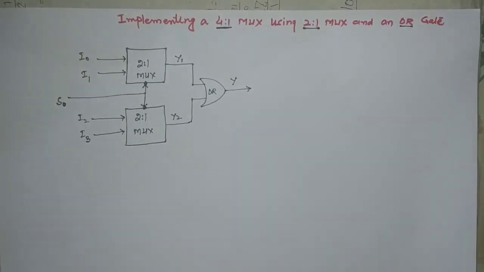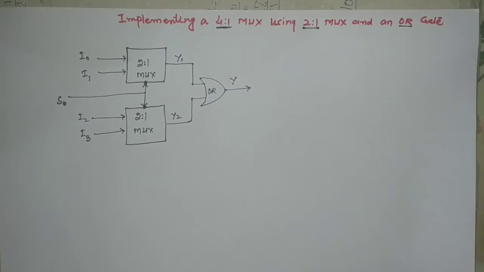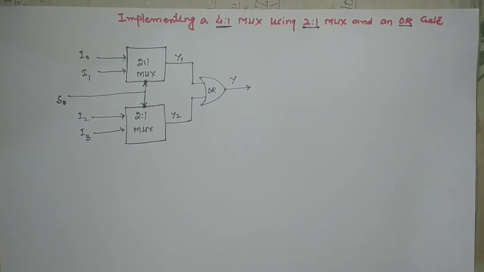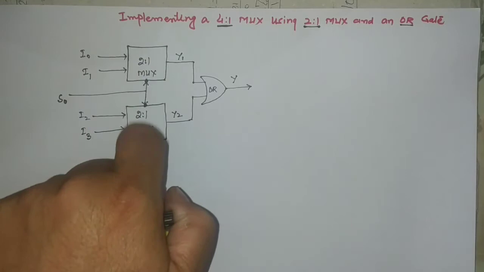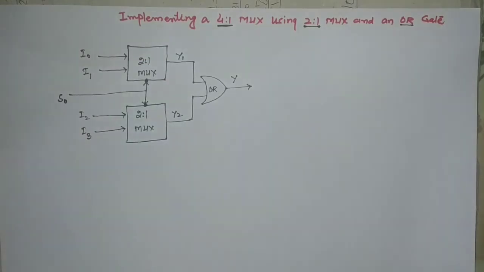In the last lectures we learned about the multiplexer with an enable signal. At that time we told you that the enable signal is used for cascading of multiplexers, meaning when we are making use of 2 or more multiplexers.